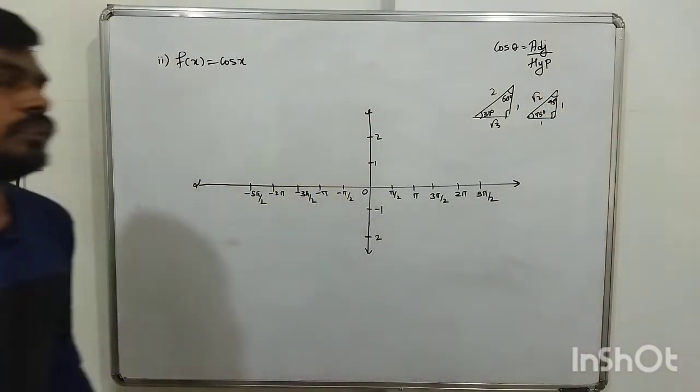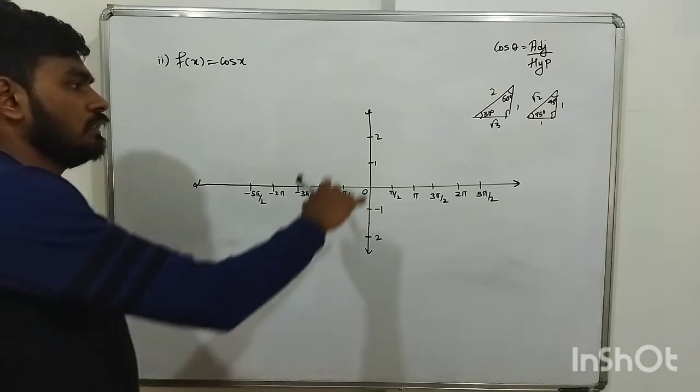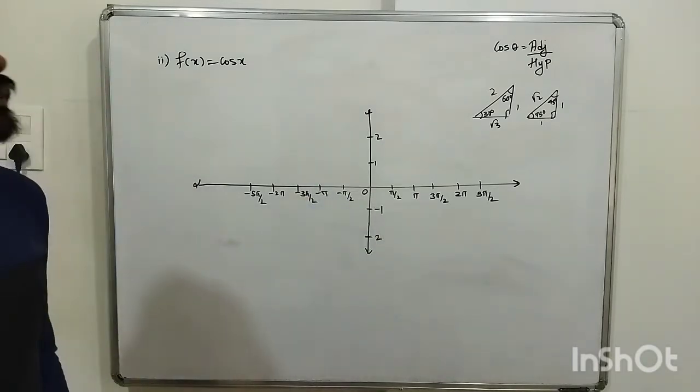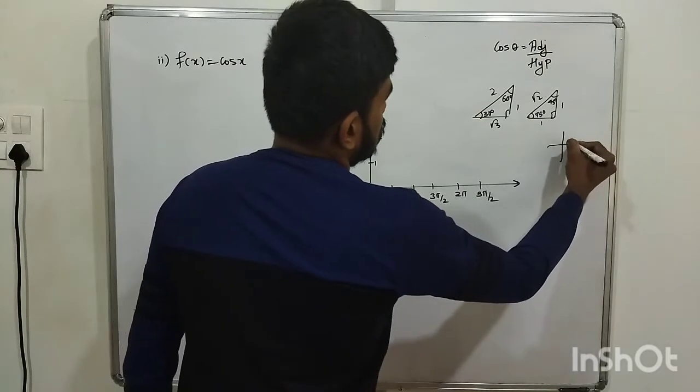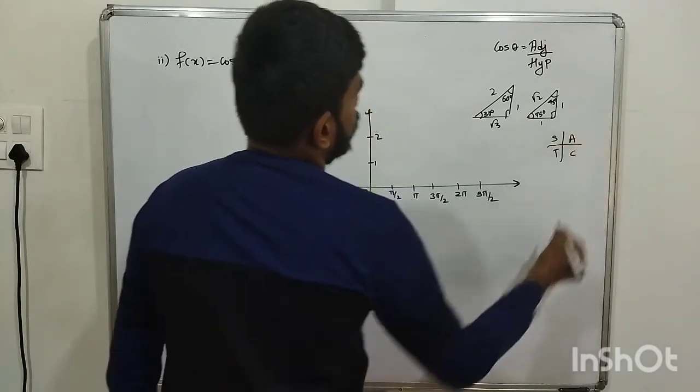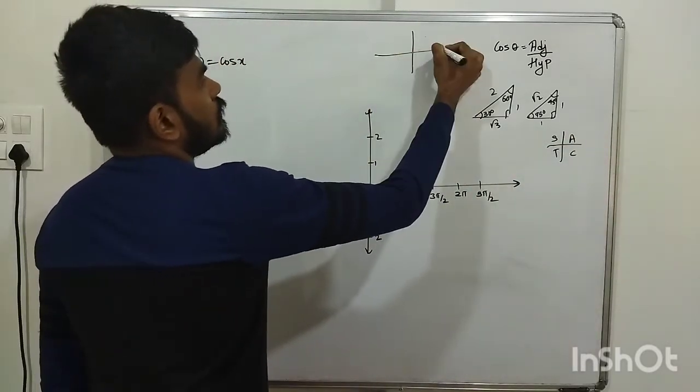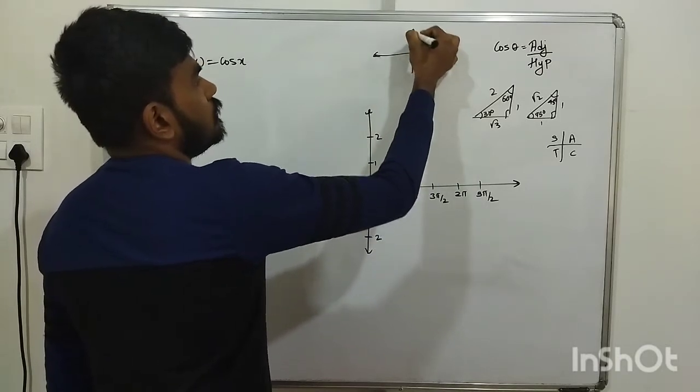Is it there? Okay, using this we can find the values in between. Okay, and then we have this ASTC.